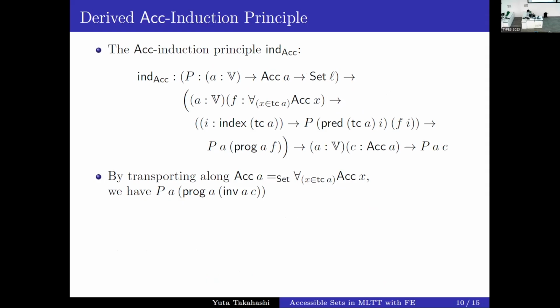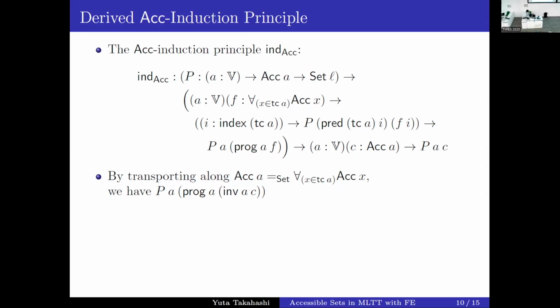Anyway, we need to prove P for arc, A and arc satisfy some predicate P. And first, by transporting along this definitional equation for arc, we have P A (prog A in arc). Namely, we first go left-hand side to right-hand side by using inversion.